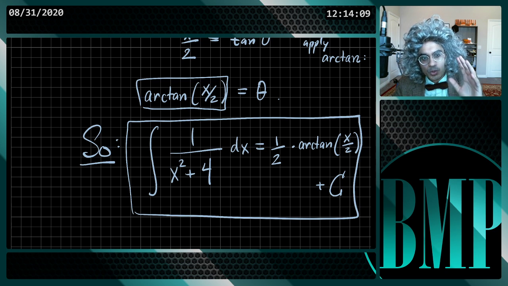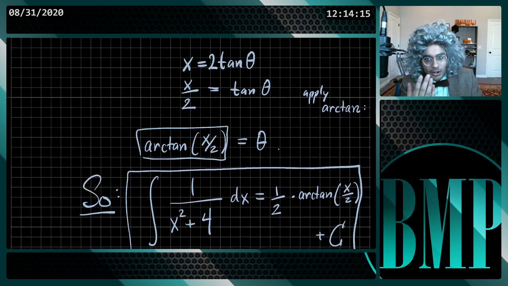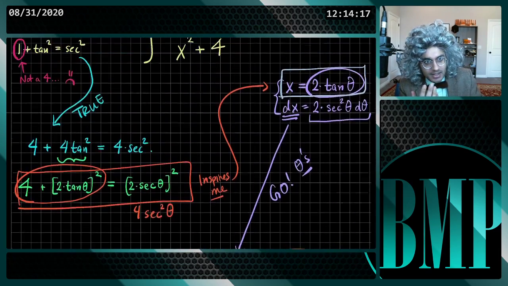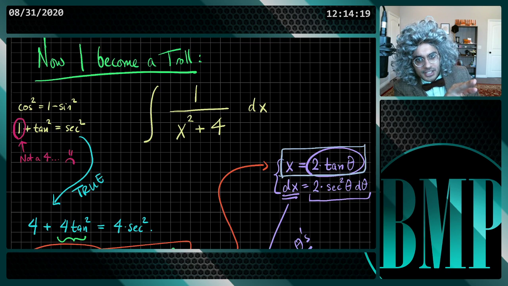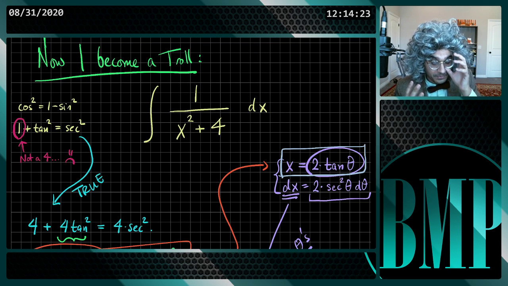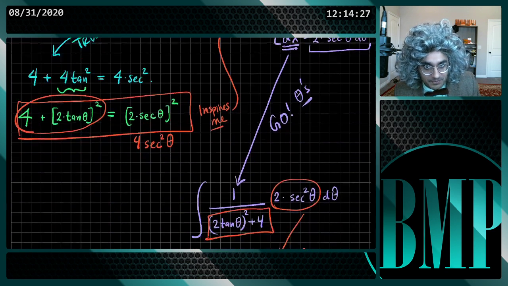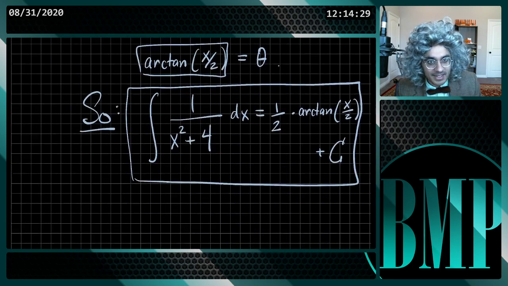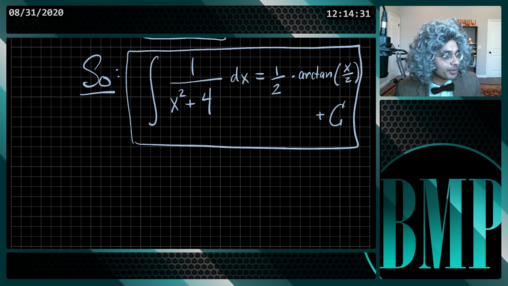Just because there wasn't a 1 there doesn't mean you can't proceed. What you do is you multiply the identity you like with a cleverly chosen number, and then that will guide what your substitution should be. So this was my little example of that principle.